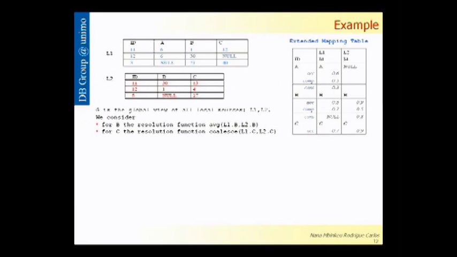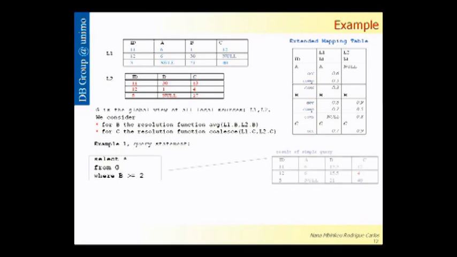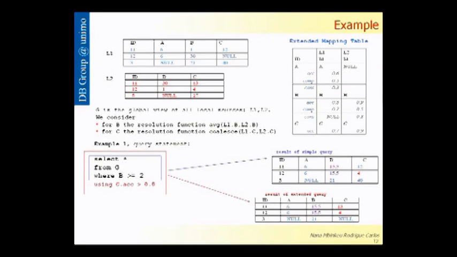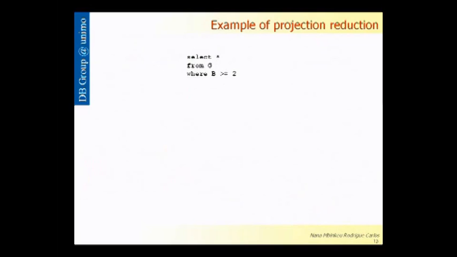We can give some intuitive examples. This is the simple query we have, and now we include the using clause. We have different results, and I'm presenting how we obtain this result.